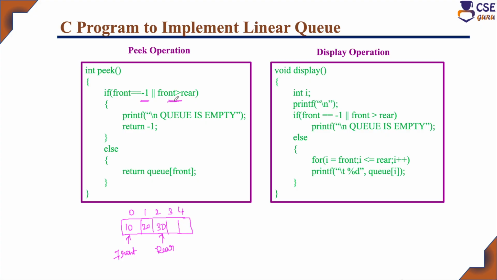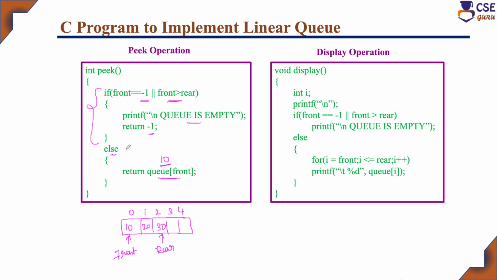If the condition is true, Q is empty, that is the underflow condition, and it will return minus 1. If not empty, it will go to the else part and just return Q of front. What is front here? It will return 10, and this value will be returned to the main function.